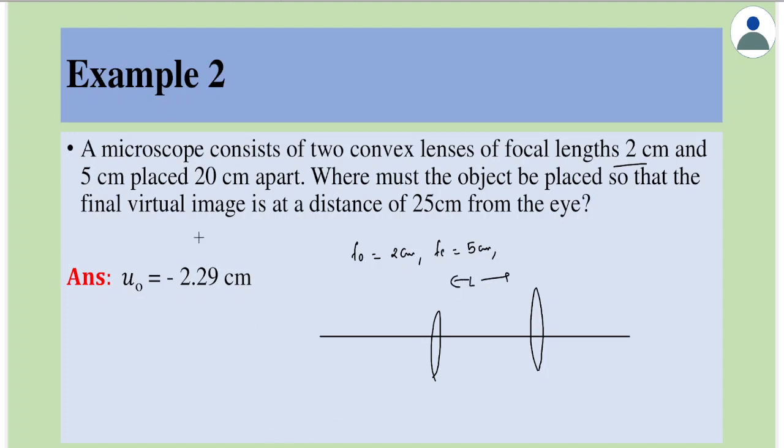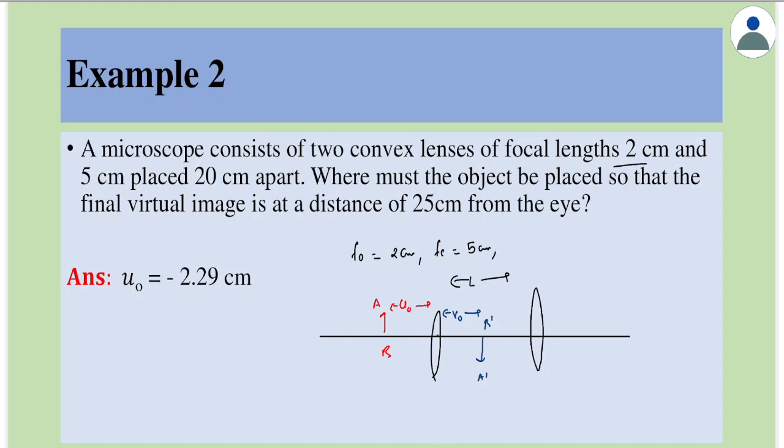Suppose somewhere here, if an object was placed, this distance is called as u0. Let this be AB. The image of this is found somewhere here. We call it as A dash, B dash. The distance from the optic center of the objective to this point would be V0.